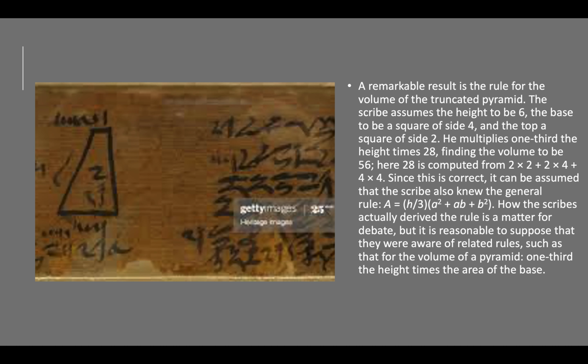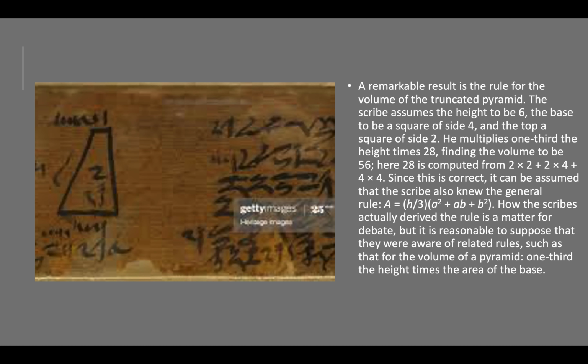Here 28 is computed from 2 times 2 plus 2 times 4 plus 4 times 4. Since this is correct, it can be assumed that the scribe also knew the general rule, that is, V equals h by 3 times (a square plus ab plus b square).